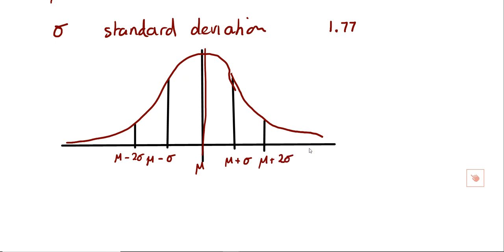So what does that mean in terms of this information? Well, what's the mean? 5. So what is the mean plus a standard deviation? 6.77. What's the mean minus 1? 3.23, isn't it?